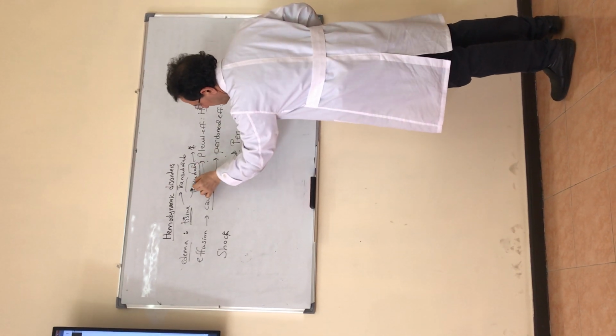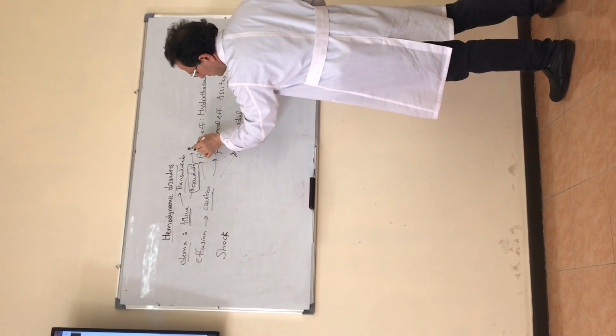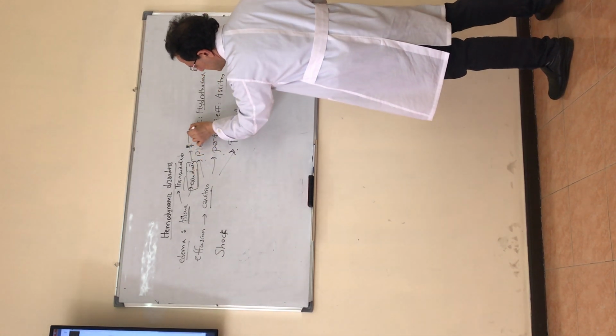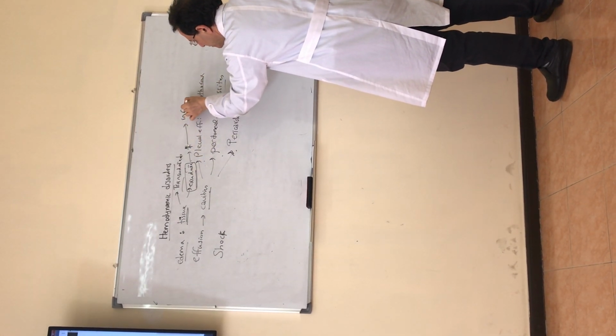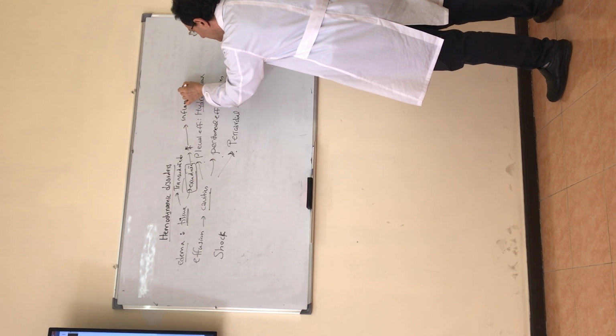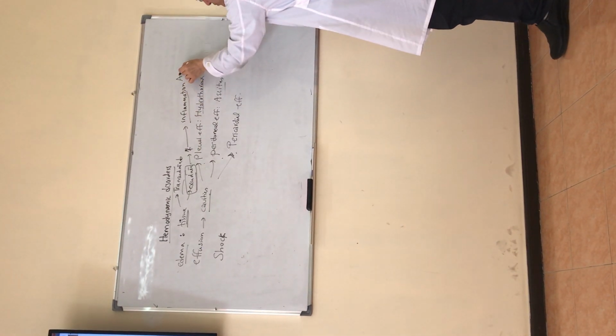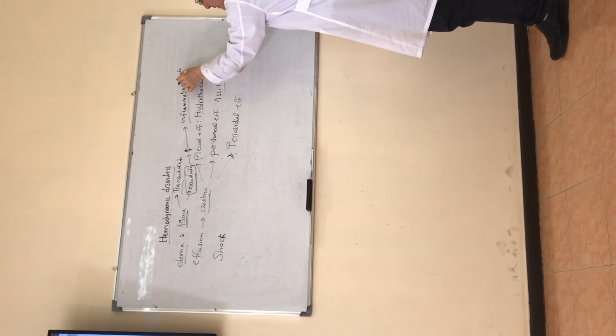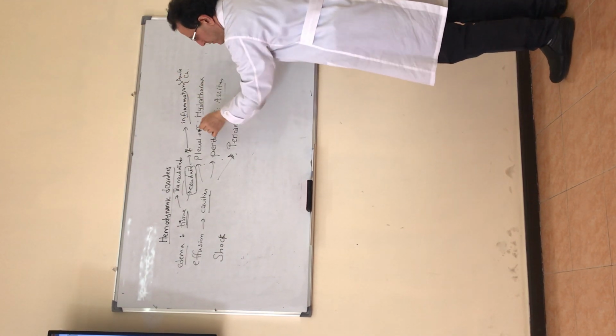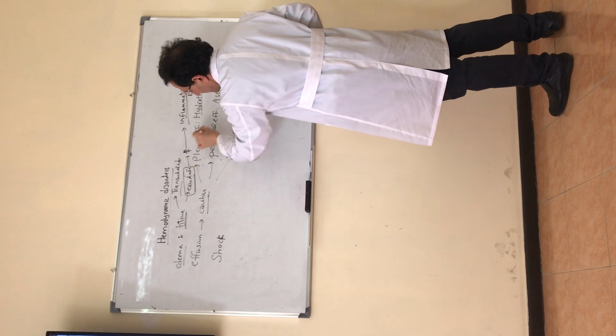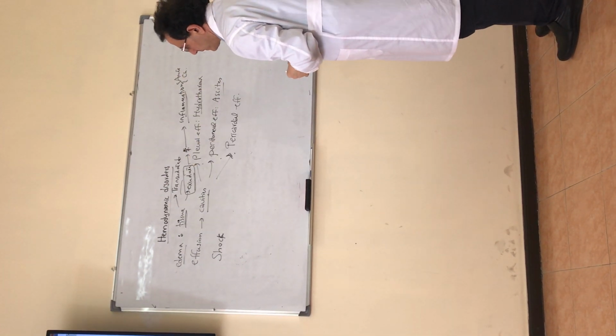So exudative type of edema is seen in inflammation. One of the causes of edema is inflammation, being acute or chronic, and the edema is exudative, with high protein level.